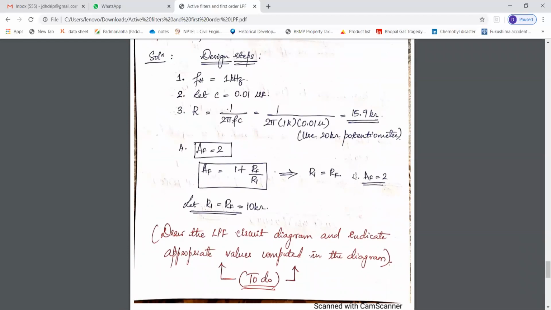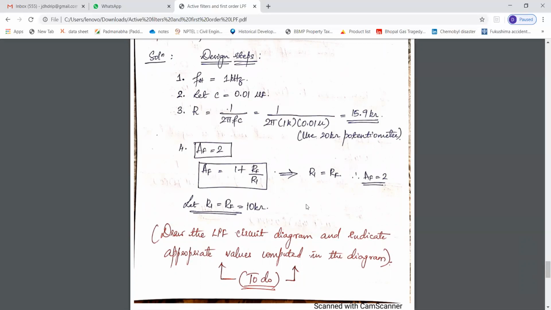Now we have computed all the values, that is fH, the capacitor at the input side 0.01 microfarad, the resistor at the input side, that is 15.9 kilo ohm, and the two resistors that will decide the gain of the op amp, R1 and RF, that also is computed here.